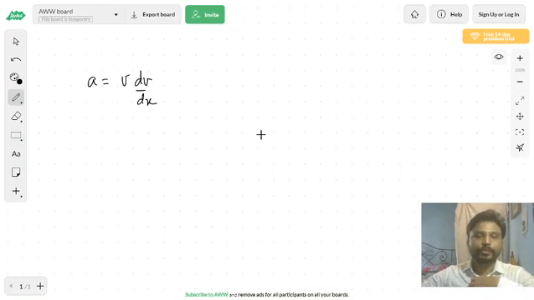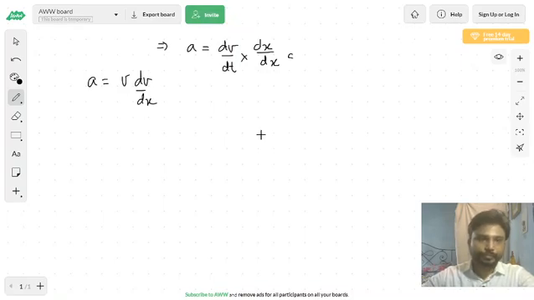First of all, we just wrote this one. If anybody is interested in how we came about this, we wrote a is equal to dv by dt. One thing we can do is multiply and divide the equation by dx, and we swap dt and dx over here, and we get dv by dx.